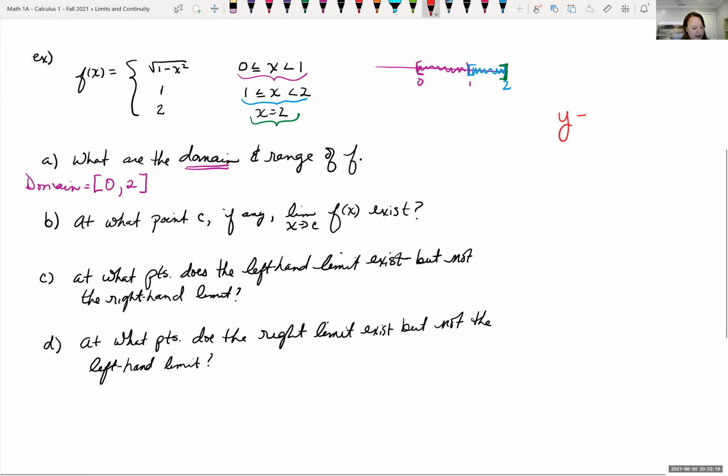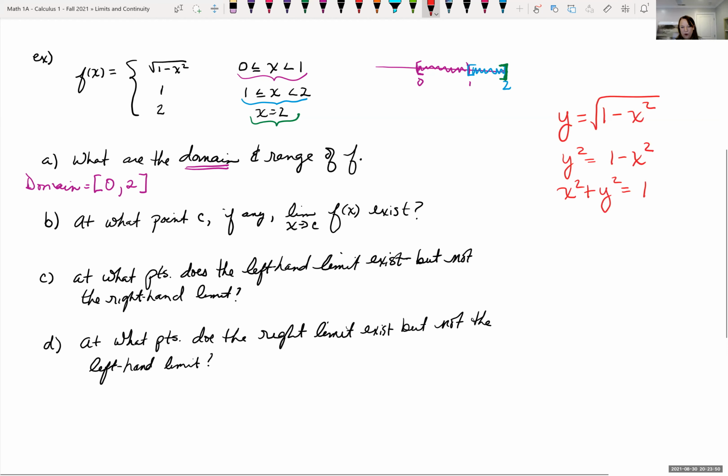If I had y equals the square root of 1 minus x squared, notice if I square both sides of my equation, I would get y squared equals 1 minus x squared. And let's add x squared to both sides. And notice here I have x squared plus y squared equals 1.